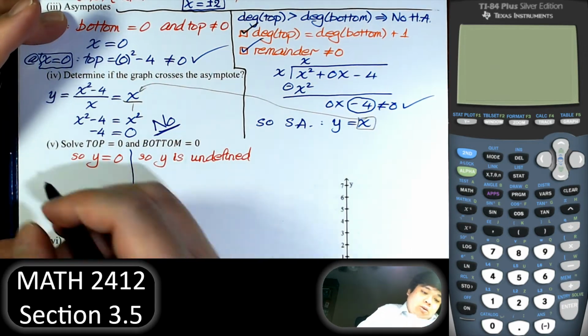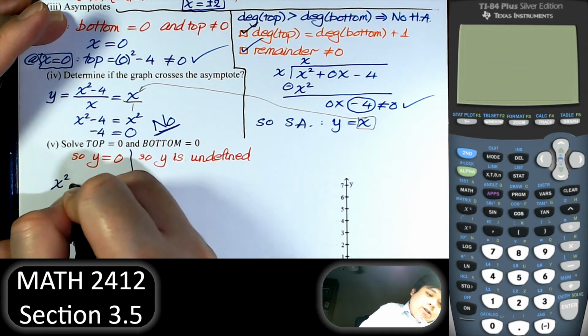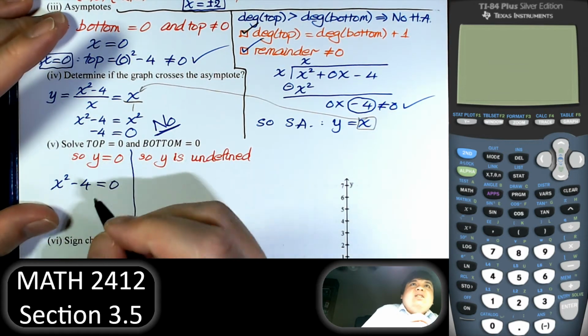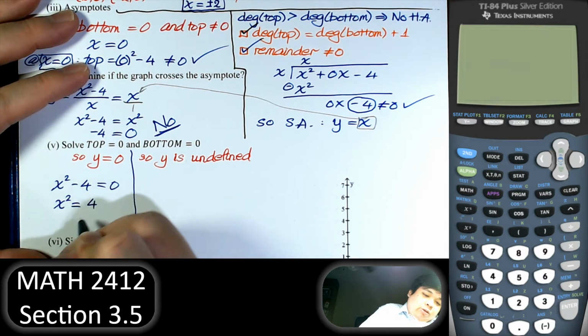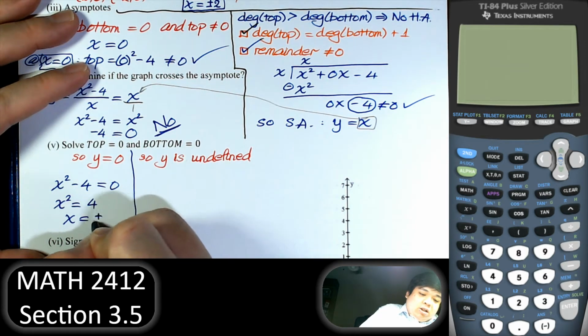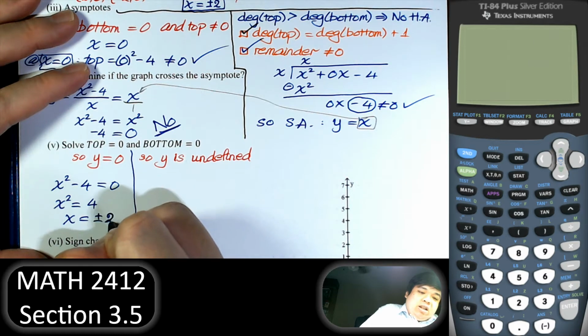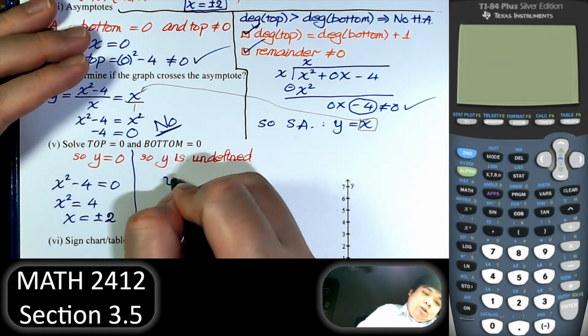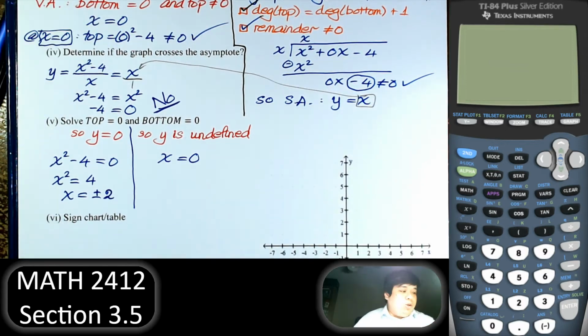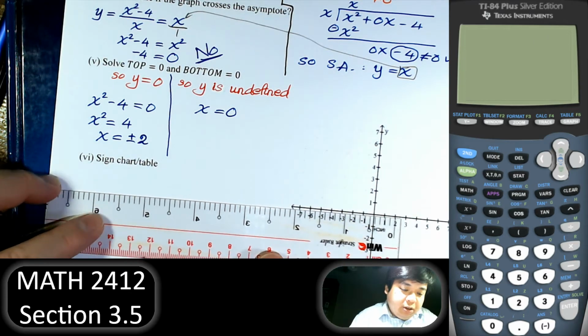At the top equal to 0, x squared equals 4, so x equals plus or minus the square root of 4, which is plus or minus 2. And the bottom equal to 0 gives x equal to 0. So for the sign chart, we have the values 2, negative 2, and 0.